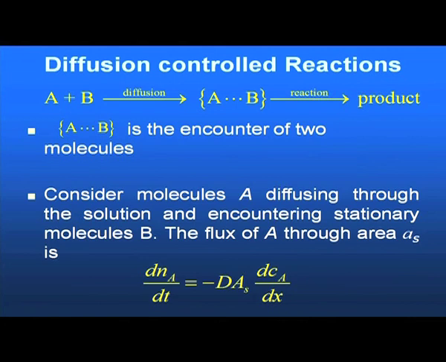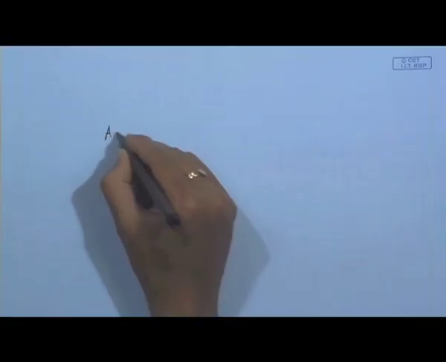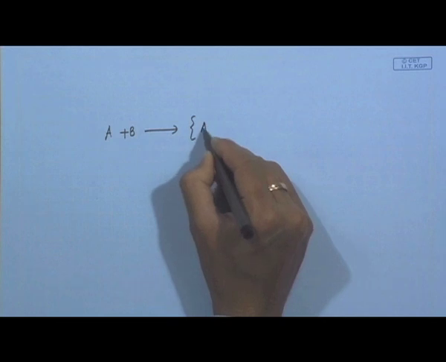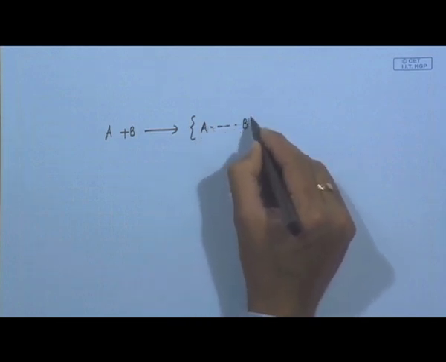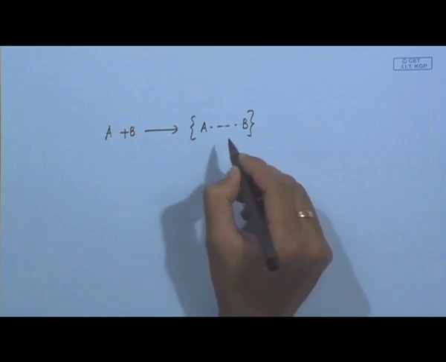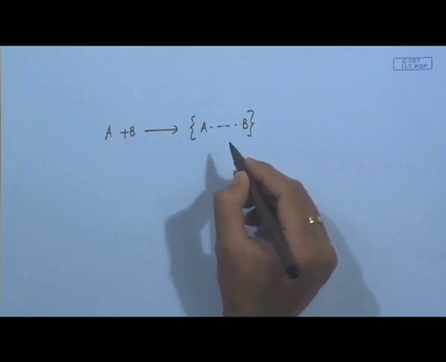Schematically it is shown like this: A plus B giving rise to AB, which is called an encounter complex, or encounter of two molecules.